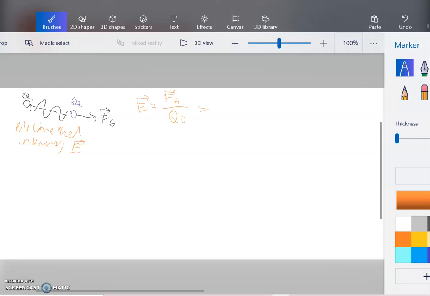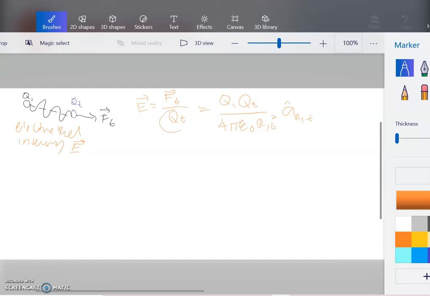We know from the previous lecture that Ft is Q1 multiplied with Qt over 4 pi epsilon naught R1t squared, in the direction of unit vector R from 1 to t.